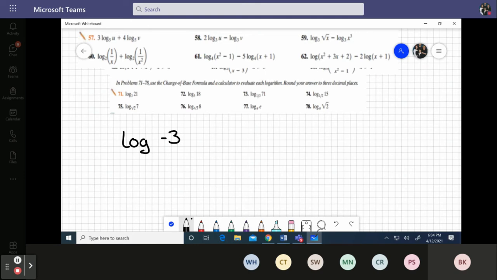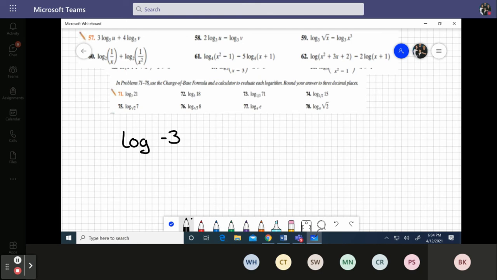You should have a scientific, if you do sideways. And let's see, on my phone, I have to put the number in first. So I would put in -3 and then hit my log button.